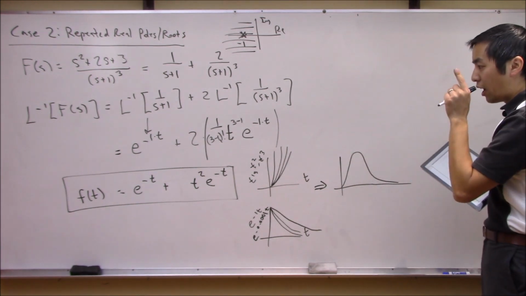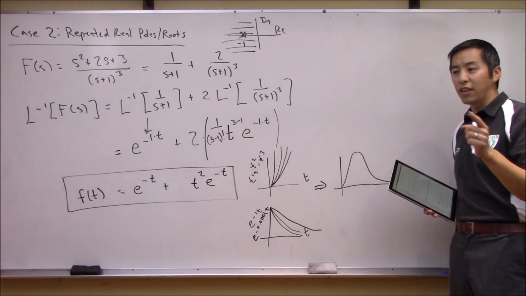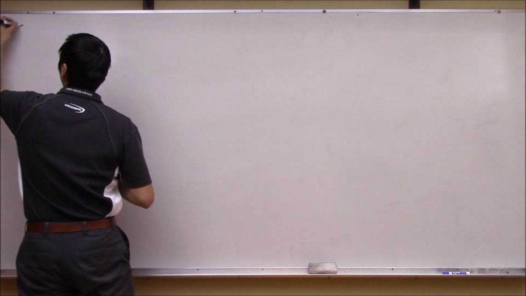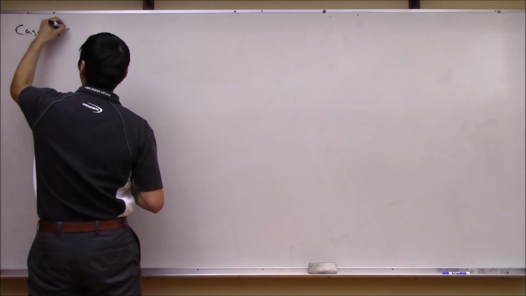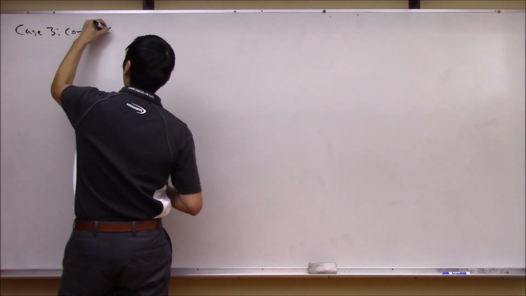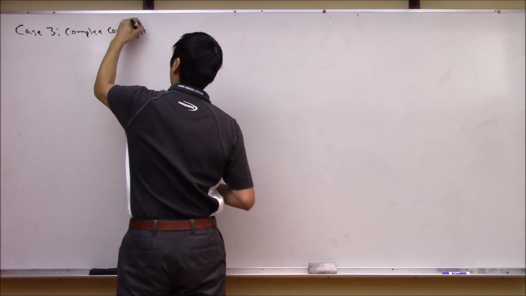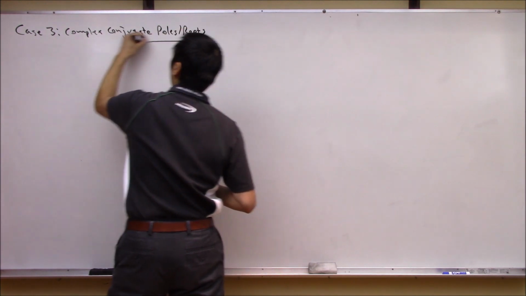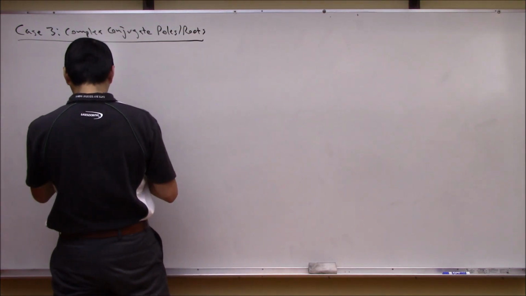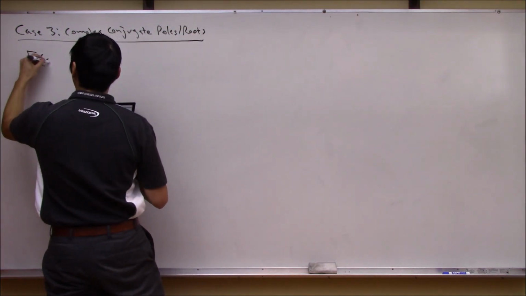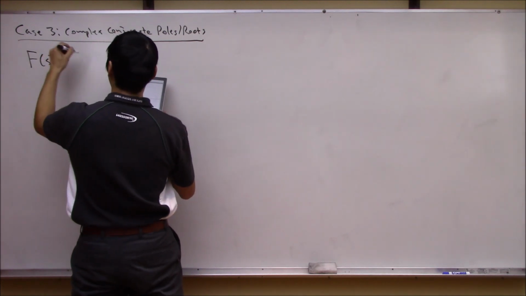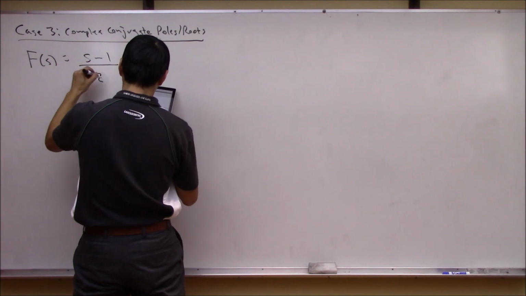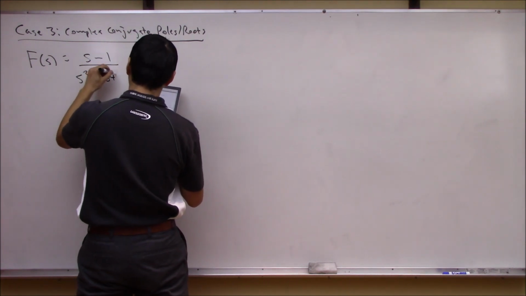Okay. Give me a second to erase the board and let's go on to our last case of the complex conjugate poles. All right, so for our case 3, this was our complex conjugate poles / roots. The function that we looked at in this case was an F of s that looked something like A s minus 1 all over s squared plus 2s plus 2, right?